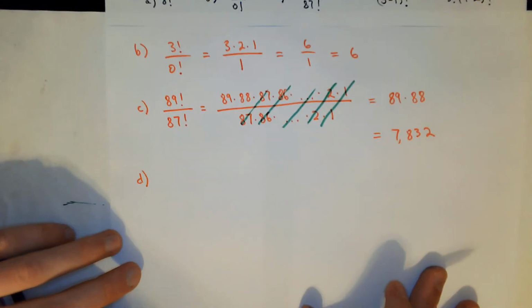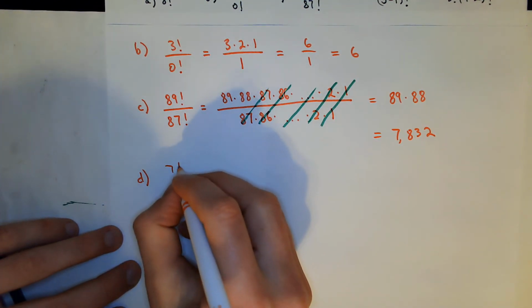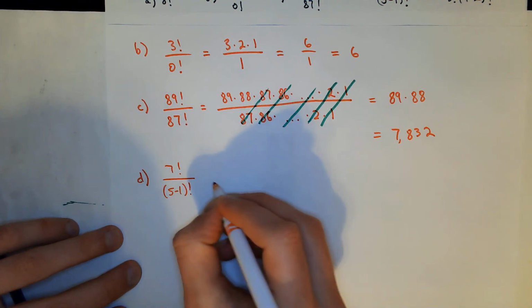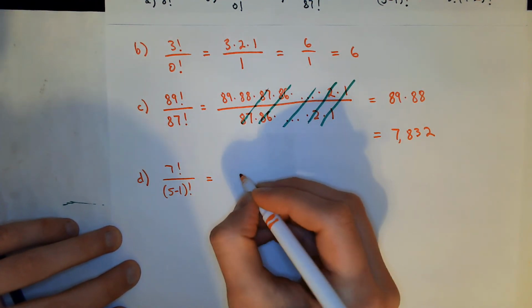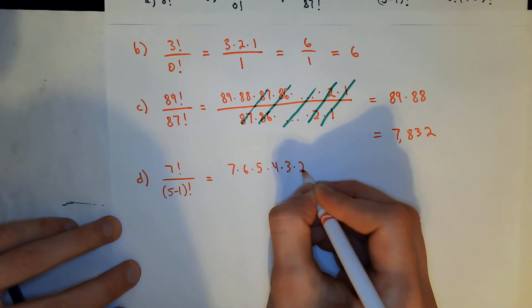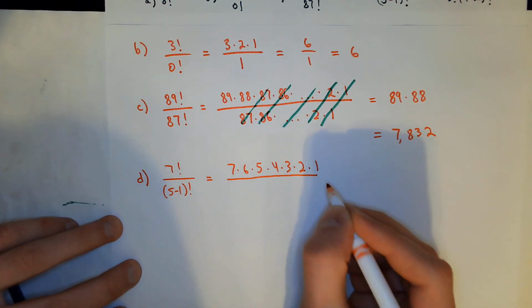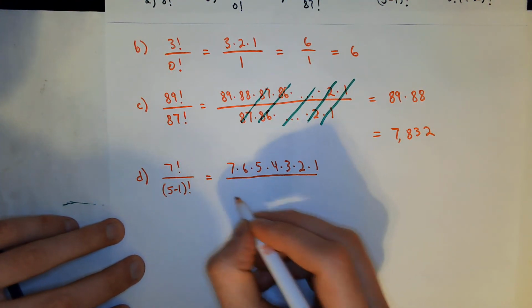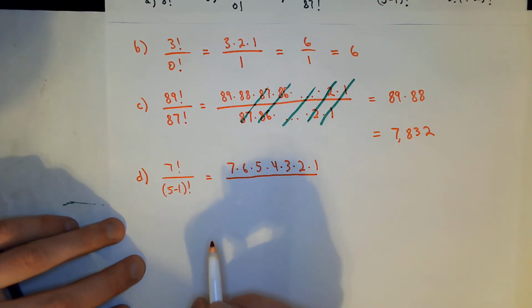Part D. D says 7 factorial over (5 minus 1) factorial. So up top I'm going to have 7 times 6 times 5 times 4 times 3 times 2 times 1. No problem writing all that out. 7's not too big. In the bottom I have 4 factorial, because 5 minus 1 is 4.